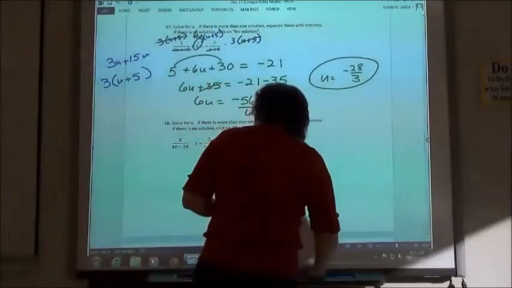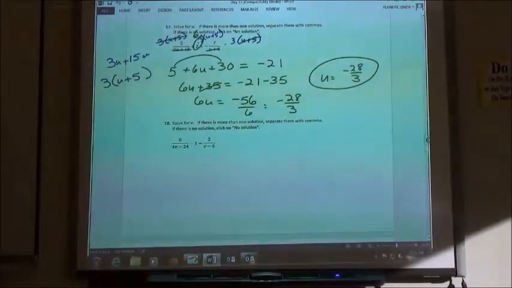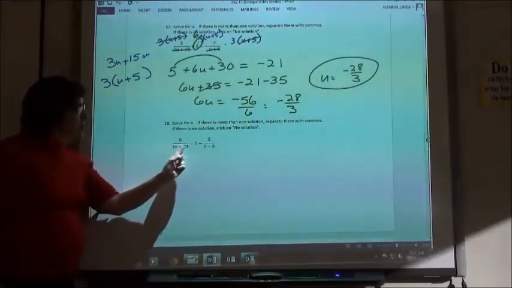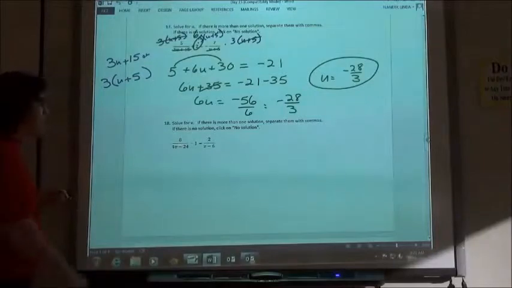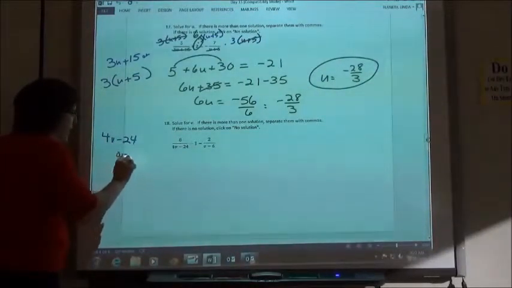All right, number 18, same kind of thing. First thing we're going to do is rewrite that bigger denominator. If I have 4v minus 24, how can I rewrite that?